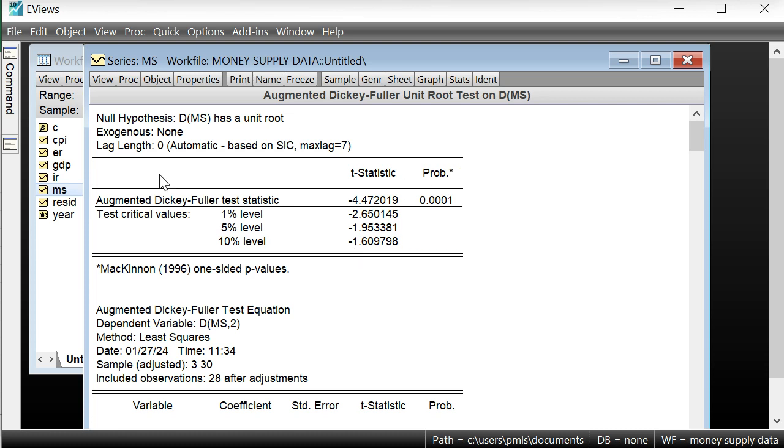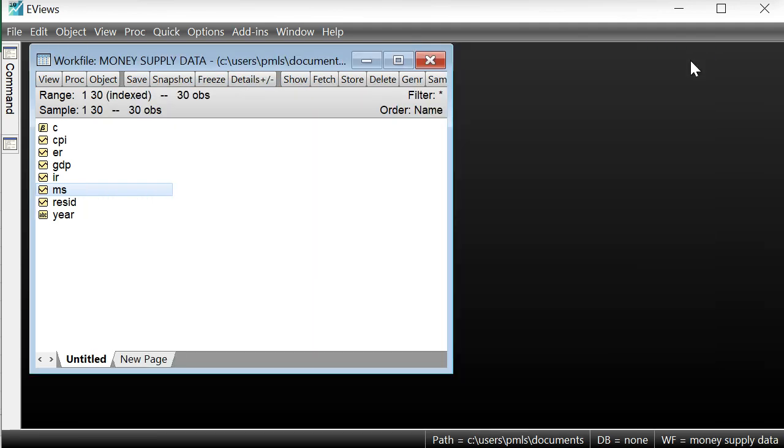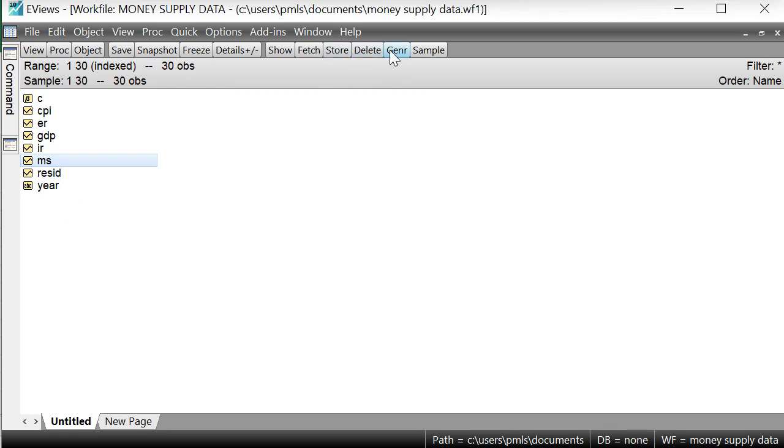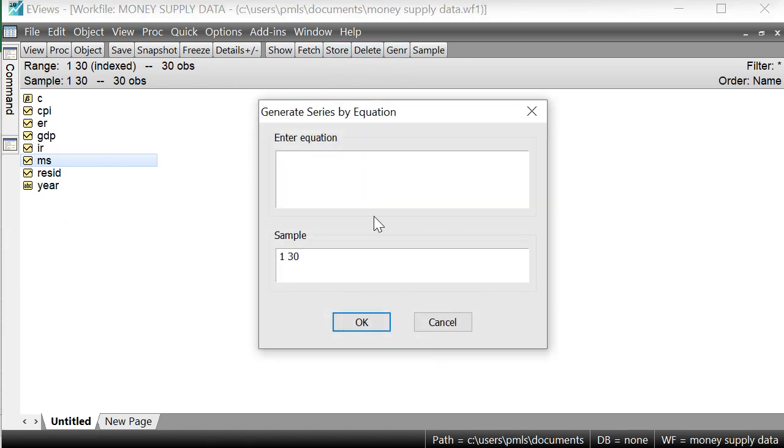So how can you check this in a graph? First of all, you need to go to generate series. DMS equals money supply, MS minus MS, put a bracket, then minus 1.